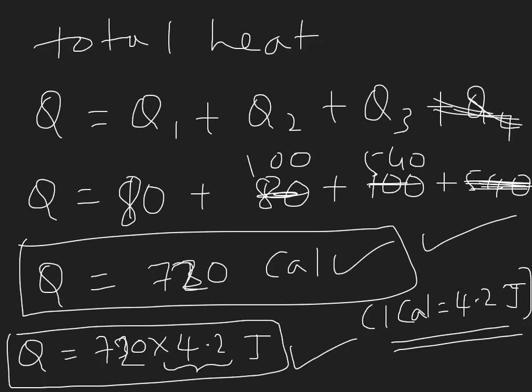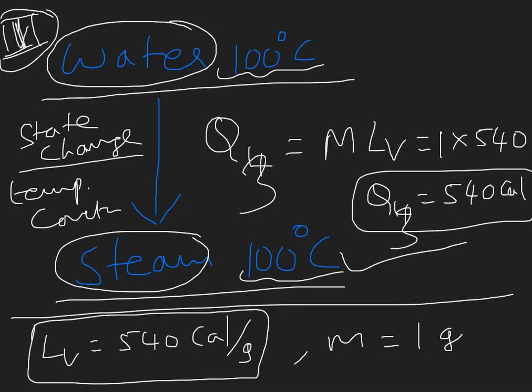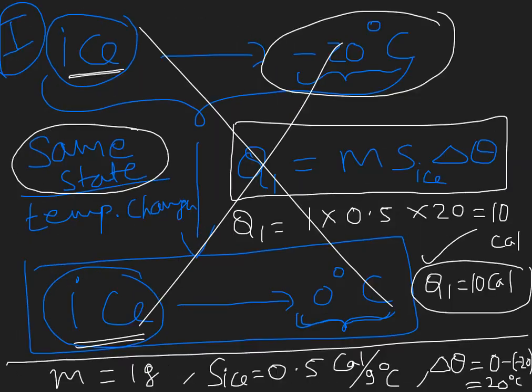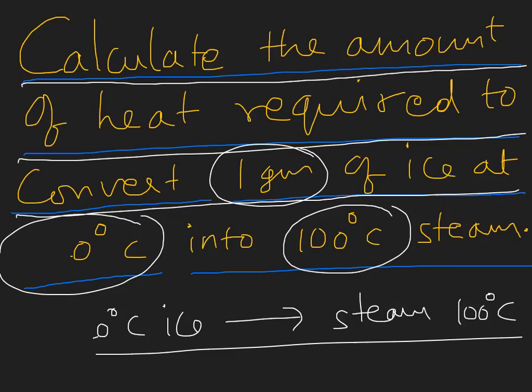So the answer in joules is 720 into 4.2 joules. Like that, if you make small changes, you will get the answer. I hope you are clear. The question is they are asking from ice at 0 degrees centigrade, so from wherever they are asking, we have to select from that area.